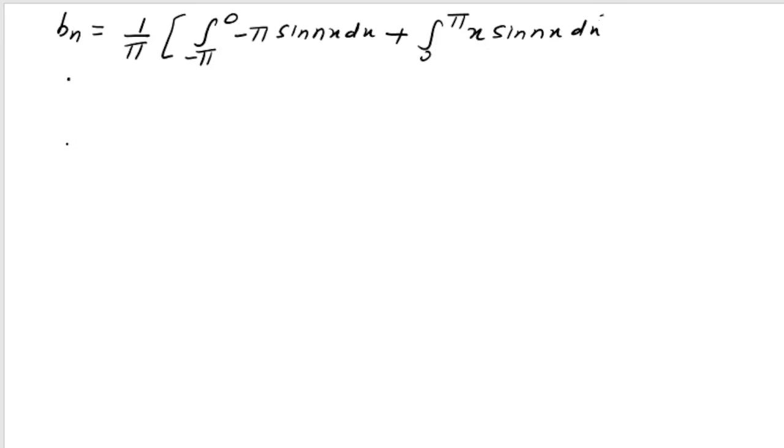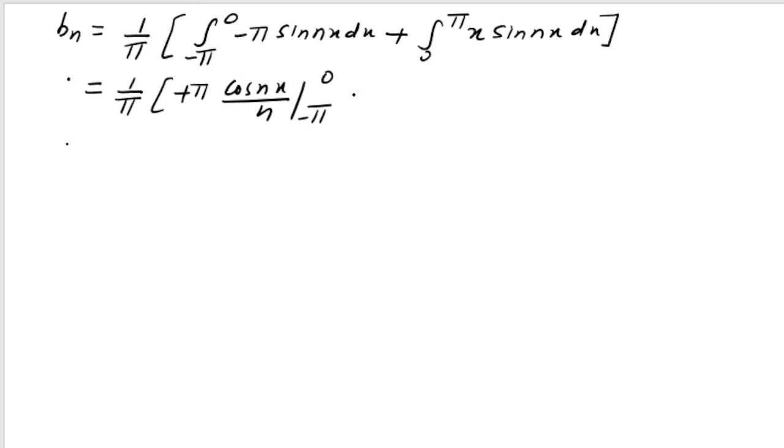I think now you are mature enough to understand this. So I will write 1 by pi integration of minus pi. Sine nx will give me minus cos nx by n, so this will become plus. So I will get cos nx by n, and the limit is minus pi to 0.